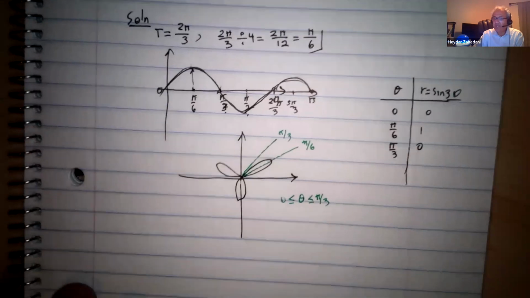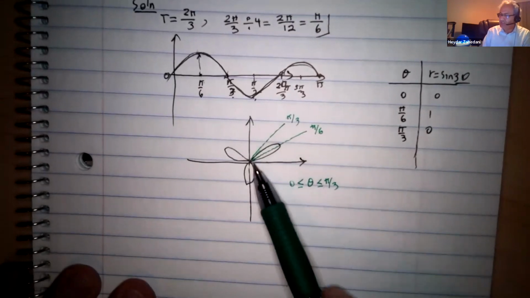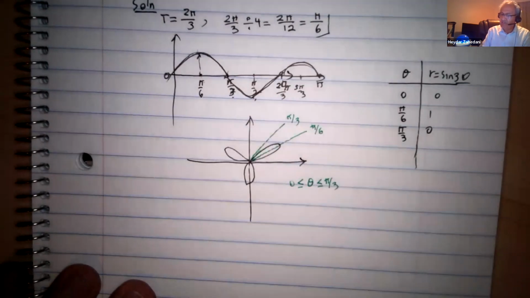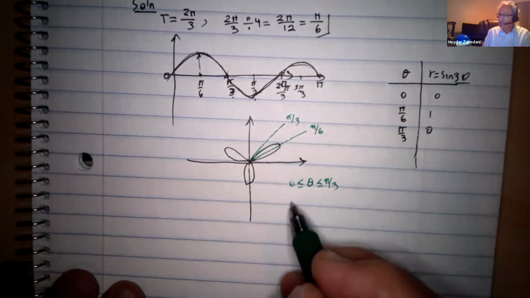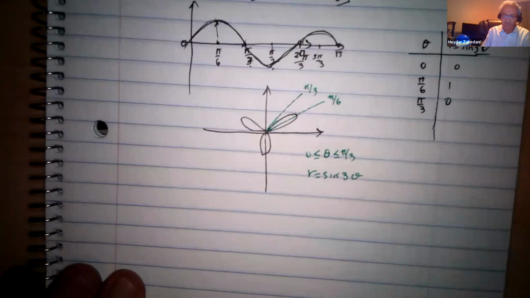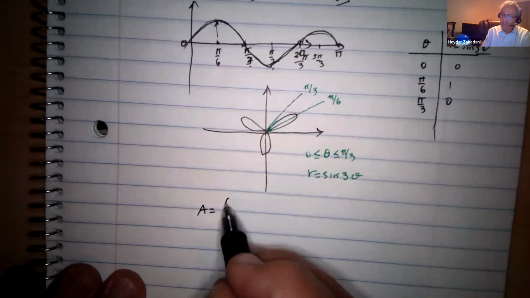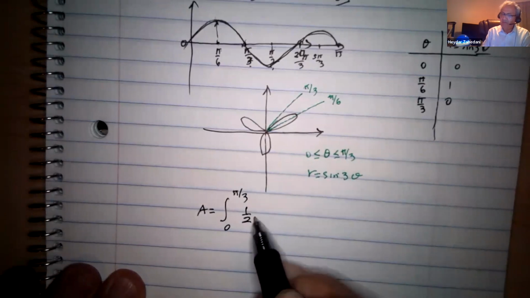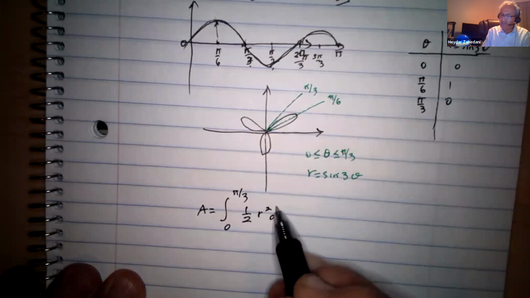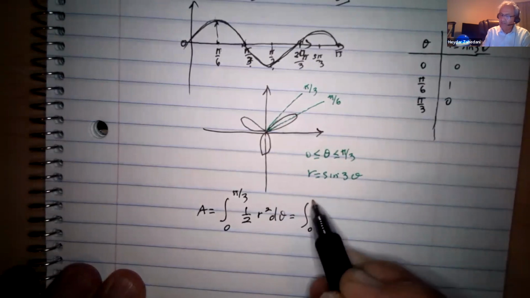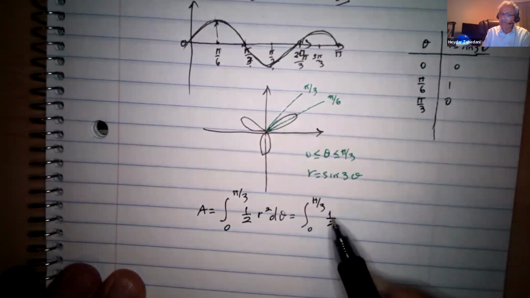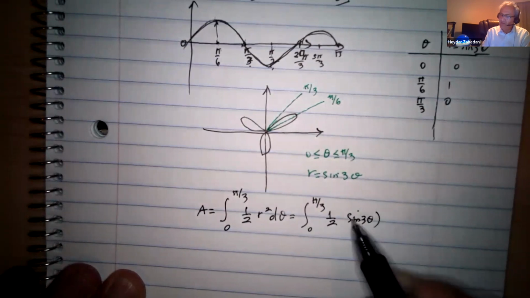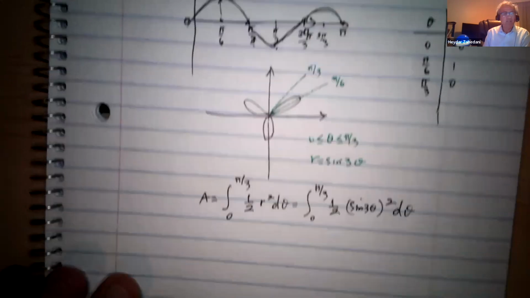So they ask for the area of one petal, and now we can find it. This is it. So your function is r equal to the sine of the 3 theta. So the area under the curve is the integral from 0 to pi/3 of 1/2 r squared d theta. r is sine of the 3 theta, so it's going to be sine of the 3 theta all squared, d theta, the same integral.